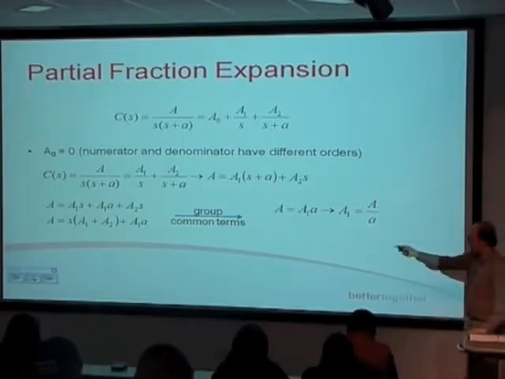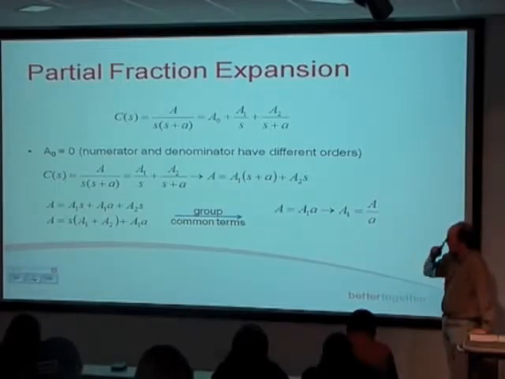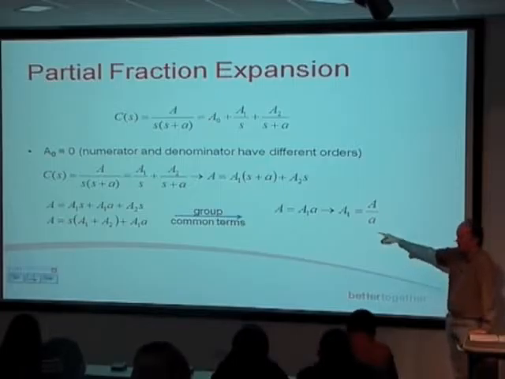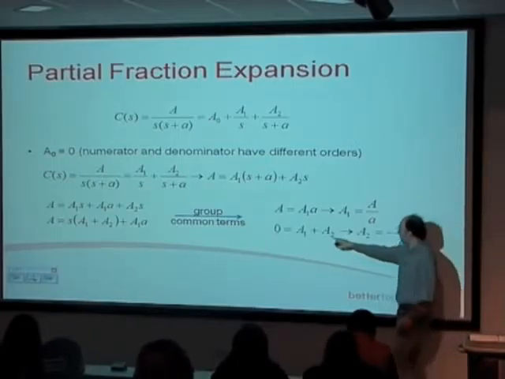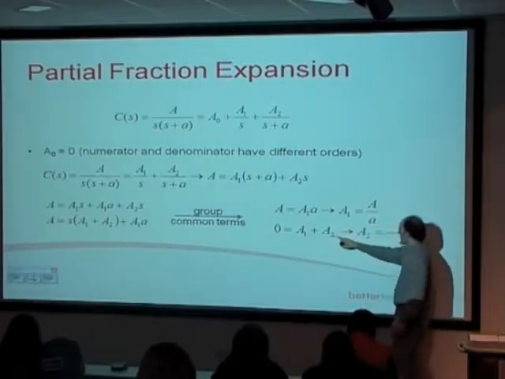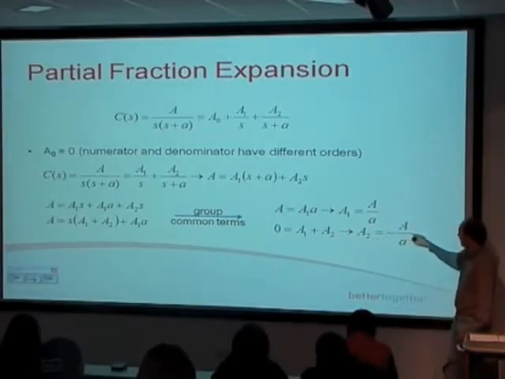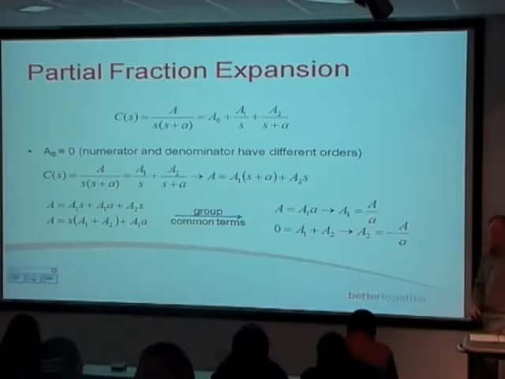There's no s term on the left-hand side, and so a1 plus a2 must be 0. Okay, so 0 equals a1 plus a2. Since I know this, I can plug that in, and I find out a2 is going to be minus big A upon little a.